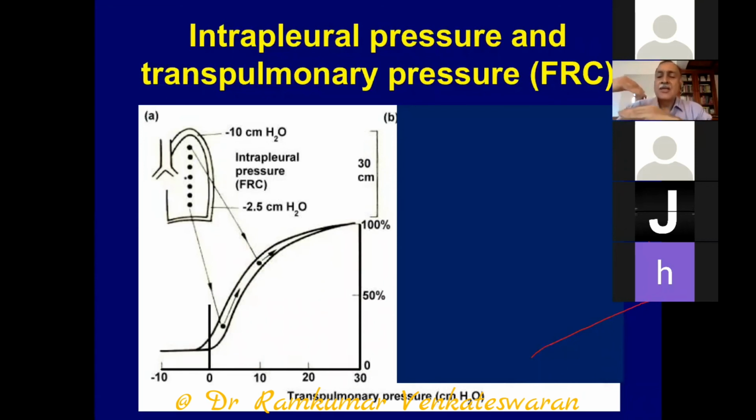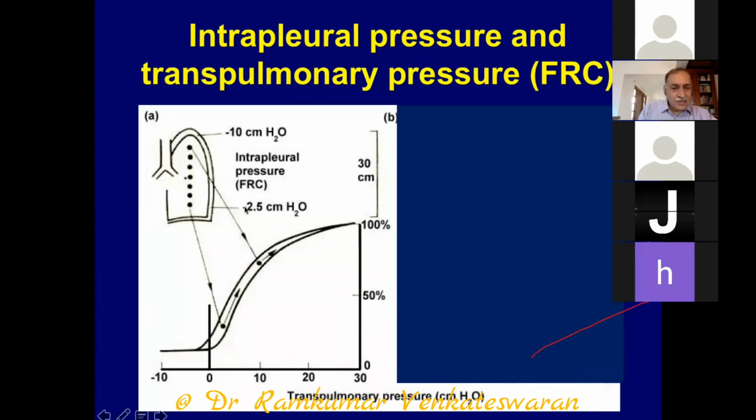The lung is an air filled organ, and therefore the density is only 0.25 per actual centimeter of height. So for a distance of 30 centimeters, it's 1/4 density, so you divide 30 by 4 and get a value of 7.5. And that's the reason why you have a difference of 7.5 centimeters of water from the top to the bottom.